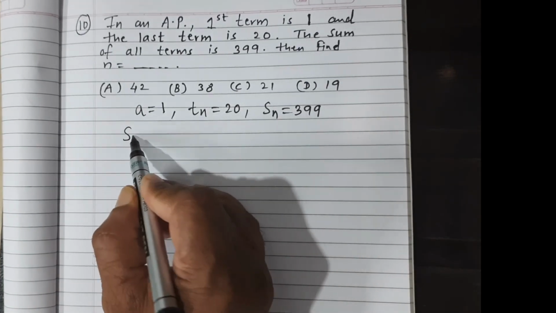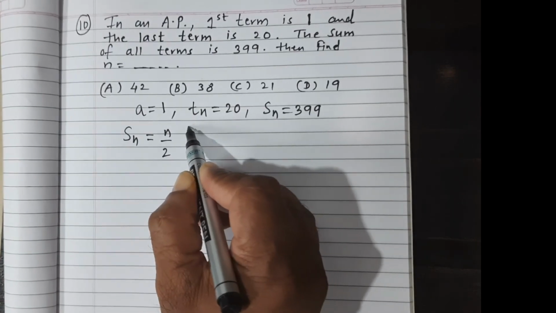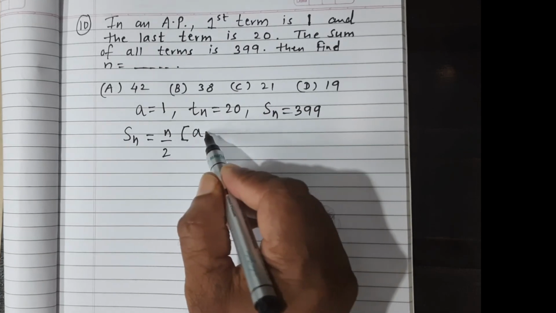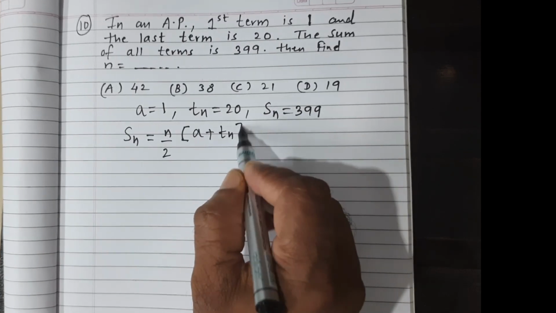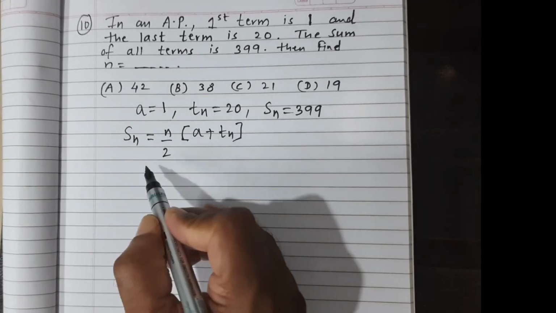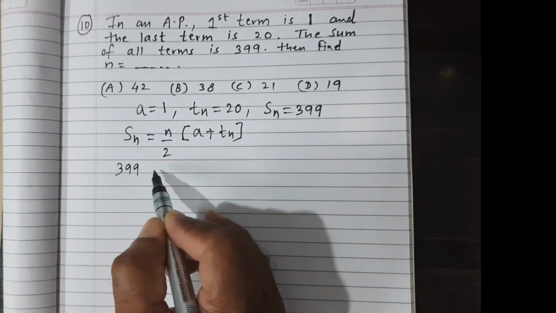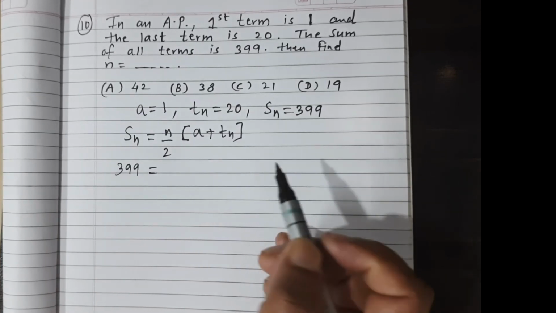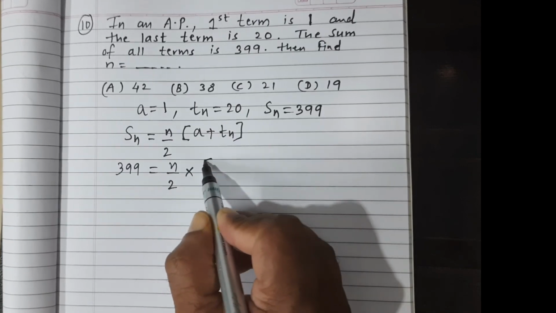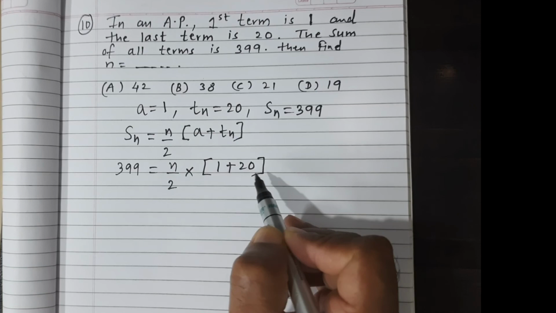So we know the formula. When the first term and last term are given, we should use this formula: Sn is equal to n upon 2 in bracket A plus Tn. So here Sn is given, that is 399, and we have to find n. So 399 is equal to n upon 2 into, A is 1 plus Tn is 20.